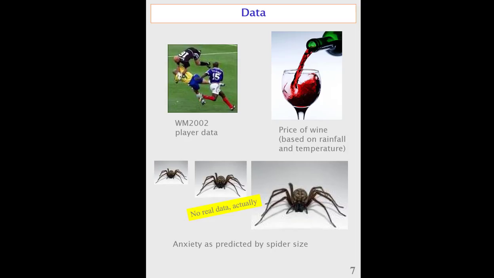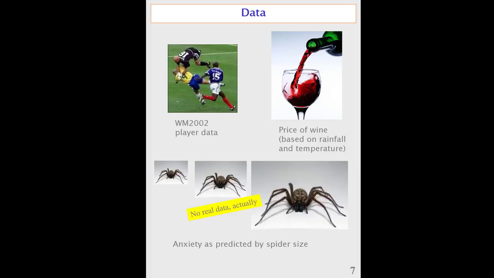I'll use 3 data sets throughout the explanation. The first one is the soccer data set that we have over there. That's also in the wikis. We have soccer data from the players from the World Championships in 2002. We had data on wine prices, where we look to predict the price of the wine based on the rainfall and the temperature in the summer or the winter.